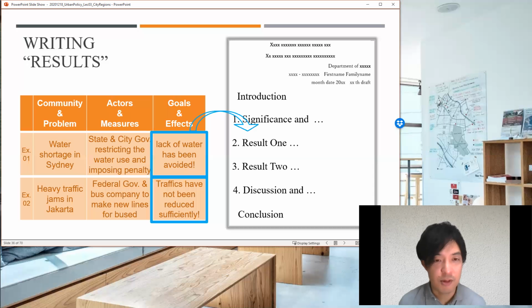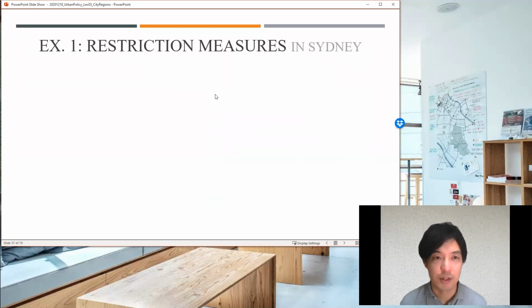The first example paper wrote the measures and goals of water shortage things. So let's look at that first.